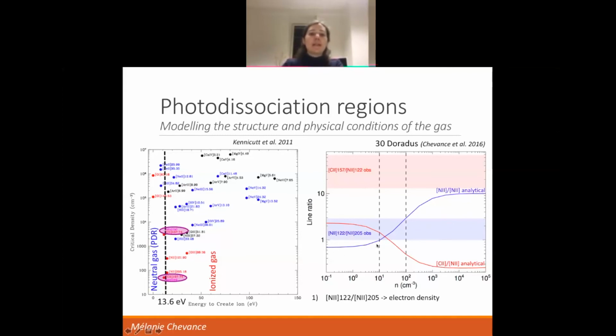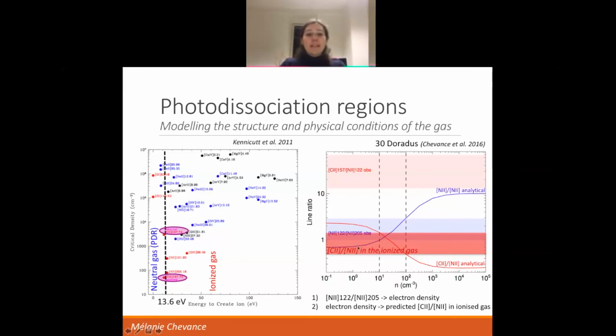By comparing it with the analytically predicted ratio, we get a density between 10 and 100 electrons per cubic centimeter. Then if we take this density, we can estimate the C2 over N2 ratio analytically predicted in the ionized gas. Between 10 and 100 electrons per cubic centimeter, this is the predicted ratio in the ionized gas, between 0.5 and 1.5.